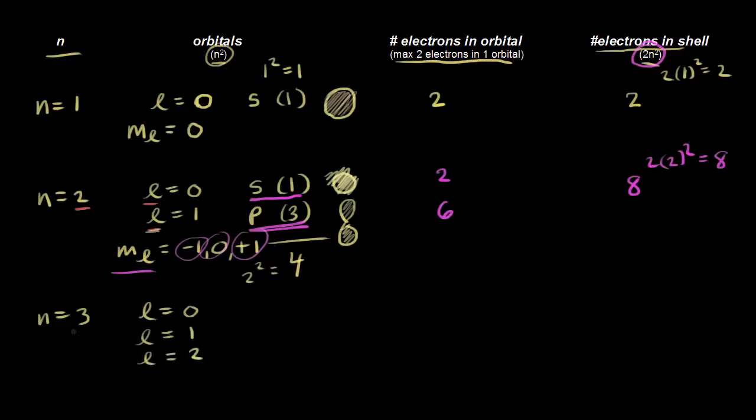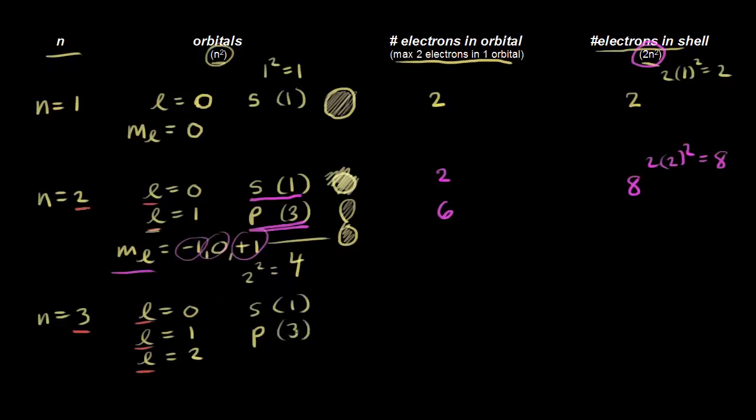So if we have n is equal to 3, we have 3 possible values for L: 0, 1, and 2. We already talked about what L is equal to 0 means, right? L is equal to 0 is an s orbital, and there's one of them. L is equal to 1 is a p orbital, and with 3 allowed values for the magnetic quantum number, we can have 3 p orbitals in the third energy level.